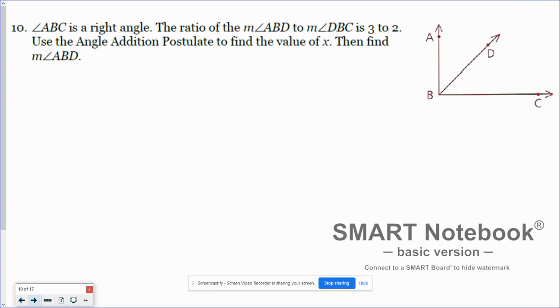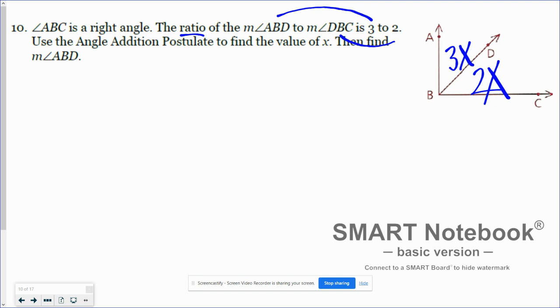One more problem. Angle ABC is a right angle. So that means that angle ABC is 90 degrees. The ratio of the measure of angle ABD to the measure of angle DBC is 3 to 2. So that means ABD goes with the 3, DBC goes with the 2. Now, anytime you're working with ratios, put an x after it. So this is really 3x and this is really 2x.